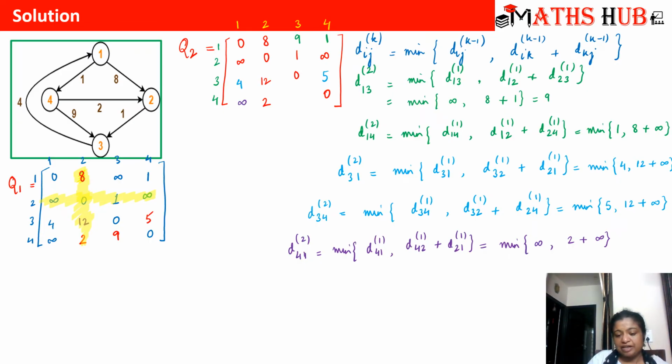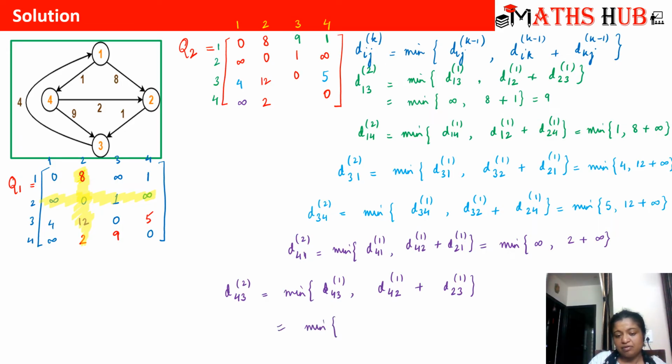And now the last place to get improved is D43. Let's calculate D43. D43 in the matrix 2 is minimum of D43 in the previous one, comma, D42 in the previous one plus D23 in the previous one. So how much is this?